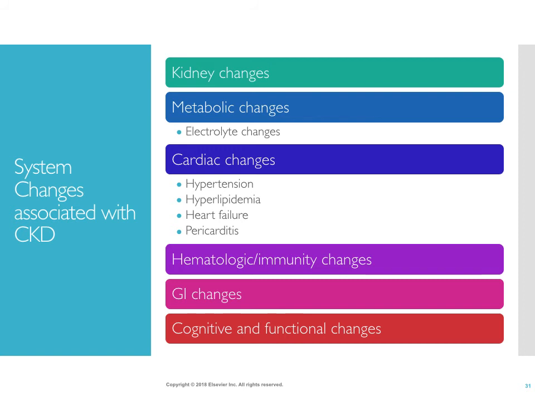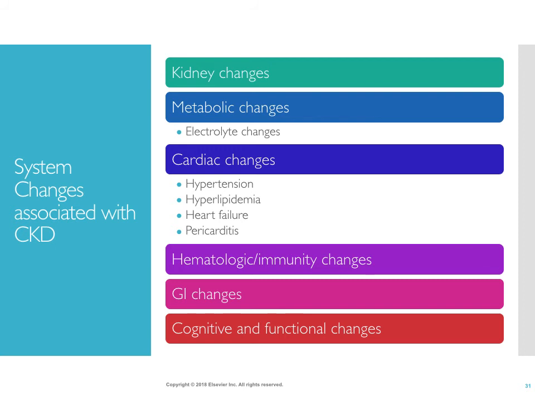Some of the GI changes that we can see include the flora of the mouth changing with uremia, and so the mouth contains the enzyme urease, which breaks down urea into ammonia, and so we start having a strong ammonia smell to the breath, and stomatitis, which is an inflammation of the mouth. This can cause the person to become anorexic. They may have nausea, vomiting, and hiccups are really common with people that have uremia. They're not sure why, but it may be related to the high BUN and creatinine levels.